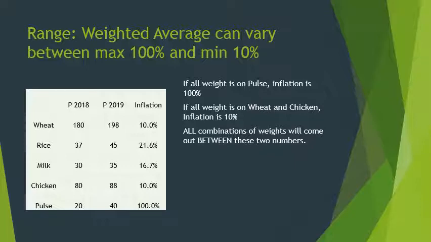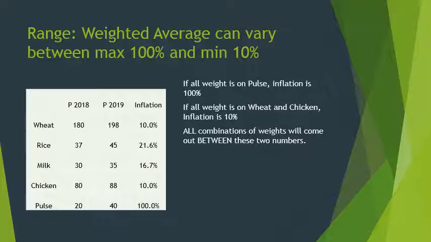And different commodities, different combinations will give us a range of numbers between the smallest value of 10% and the largest value of 100%. This is the property of a weighted average. The weighted average of these 5 numbers can only lie between them.